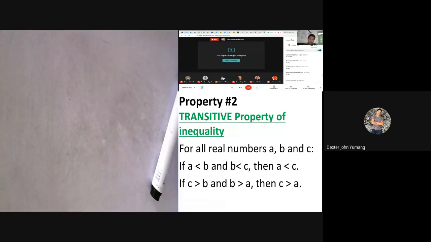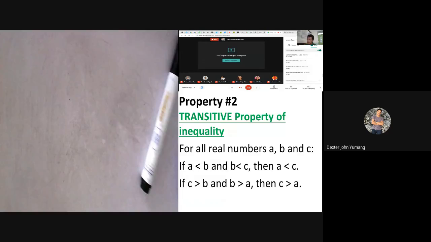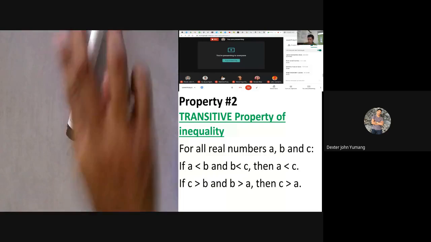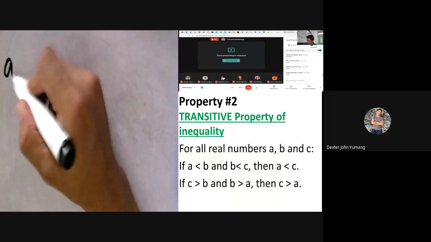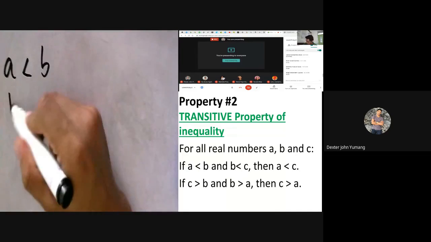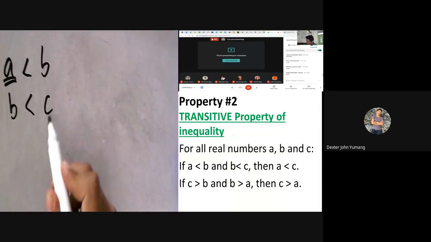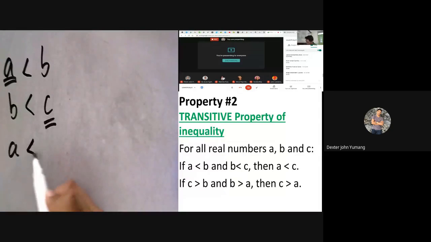If there are three numbers A, B, and C, and A is less than B, and B is less than C, then we can say that A is also less than C. That is what we call the transitive property of inequality.